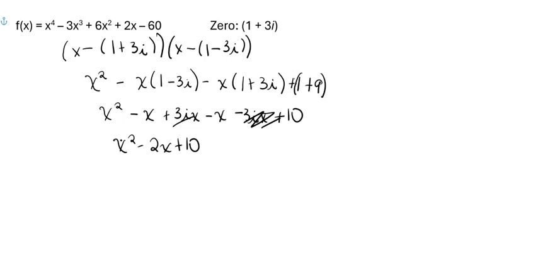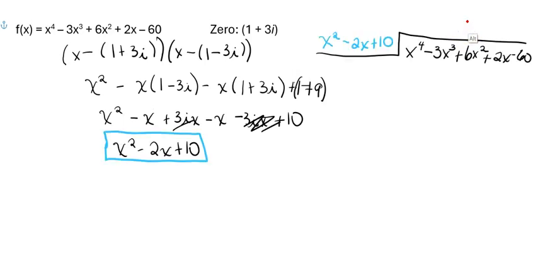I can find the other factor by using long division. I'm going to take this factor, x squared minus 2x plus 10, and divide it into my original polynomial. To turn x squared into x to the fourth, I have to multiply it by x squared. I put that up on top of the 6x squared.